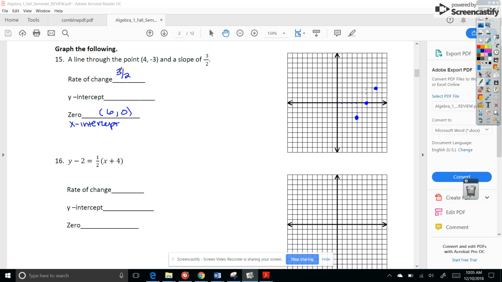So instead of going up and to the right, I'm going to do the complete opposite, which is down 3 and left 2. Down 3, left 2, down 3, left 2. All right, I found it, the y-intercept.